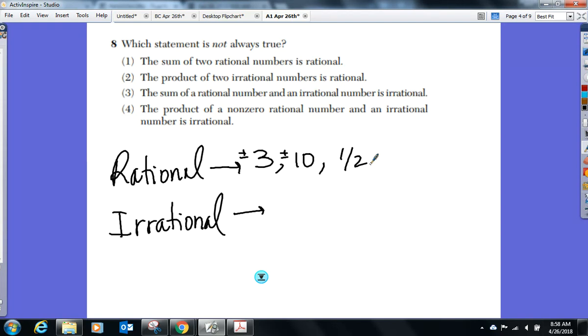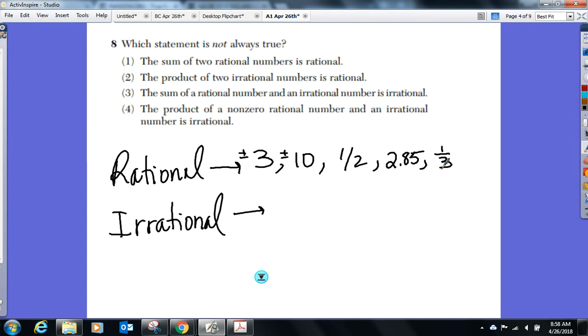How about 2.85? It ends. Or 1/3. If you do 1/3 in your calculator, it repeats. So that's what a rational number is. All right, it ends or repeats itself.